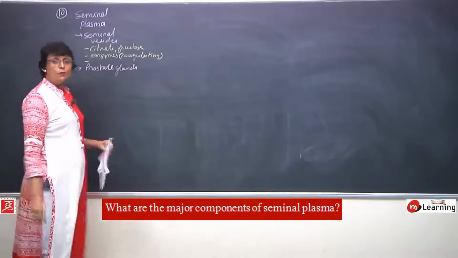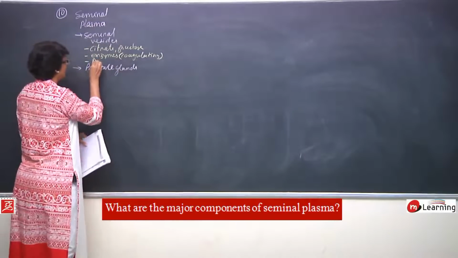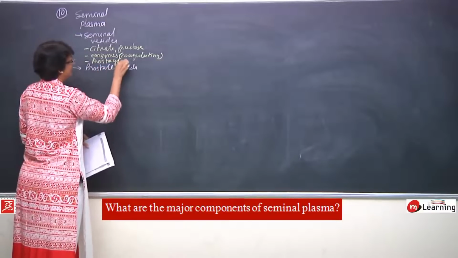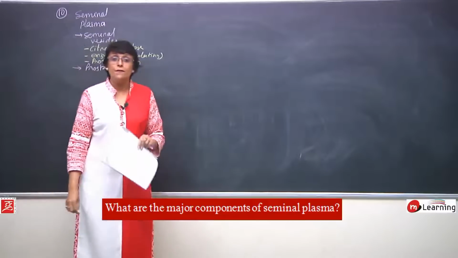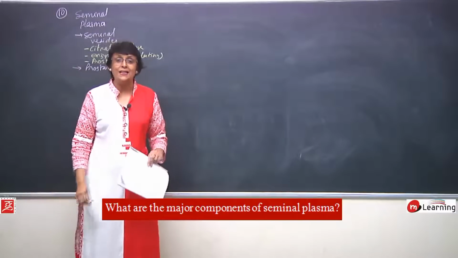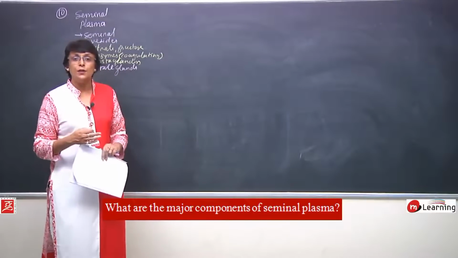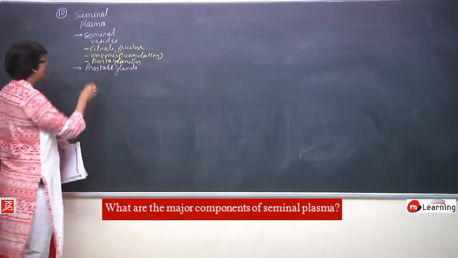Plus, there is one more substance called prostaglandin. Prostaglandins help in contraction of the female reproductive tract so that the sperms can be helped to move up to the fallopian tube.